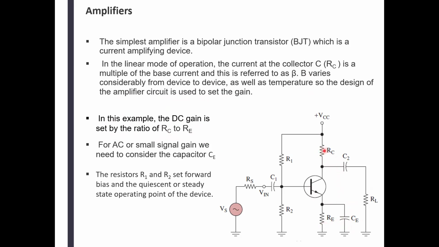If you take the value of this resistor and divide it by the value of that resistor, you're going to get the gain that this transistor is going to give you. So we're trying to make this beta not as significant when it comes to the controlled amplification that we're trying to achieve.